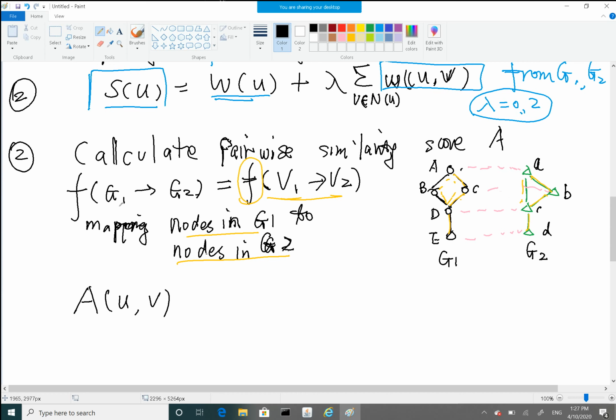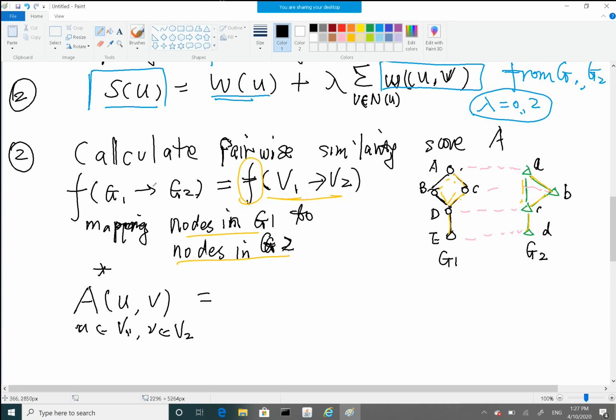So U is in V1, and V belongs to V2. And this is equal to, and also write it down here, they use this one to represent. And I will show you why.